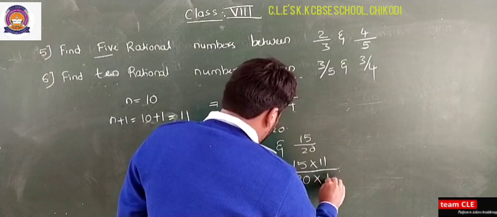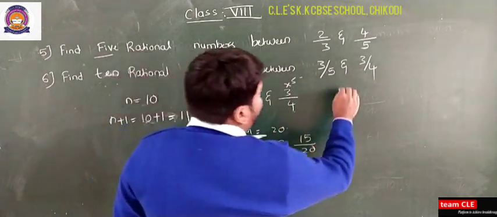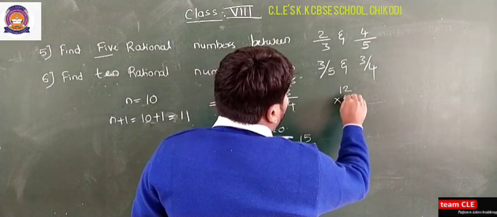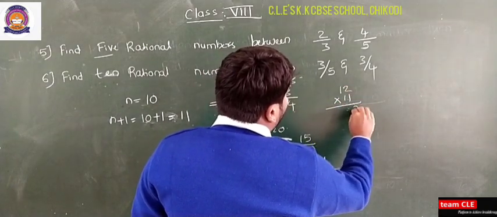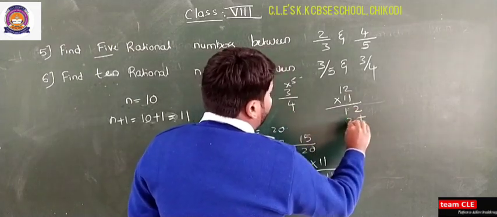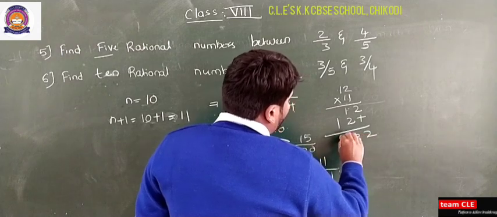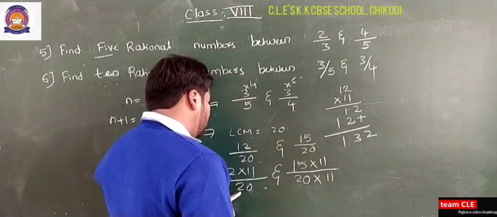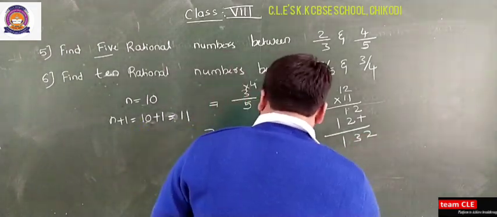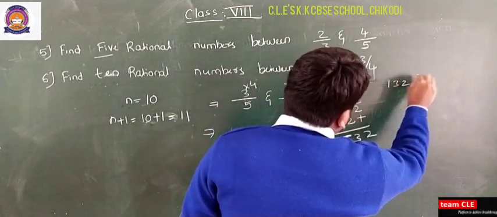So first make 12 into 11. If you multiply, 1 2s are 2, 1 1s are 1, plus 1 2s are 2, 1 1s are 1, so this is 2, 3, 1. It is 132. This numerator we are getting as 132.